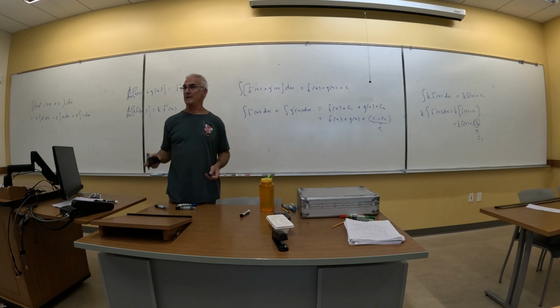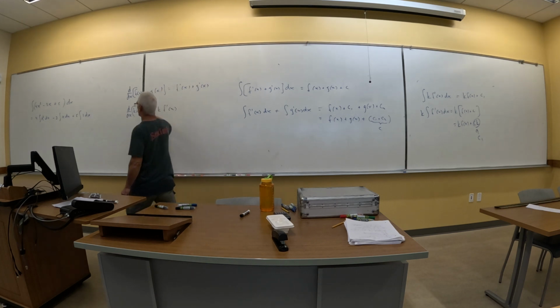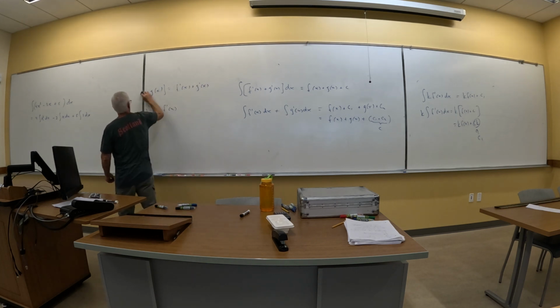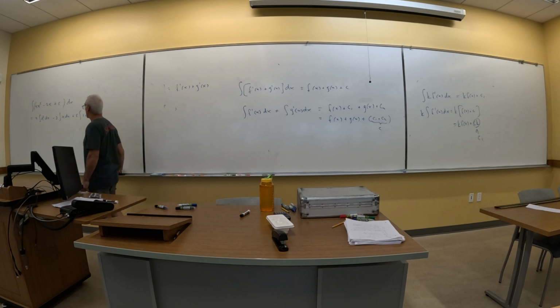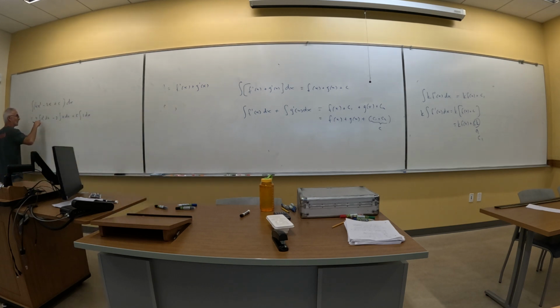I broke it up and I pulled out all the scalars. I don't want to do that. That's too much work. But it's correct. Now, what's the antiderivative of x squared? Well, it's x cubed times 1/3.